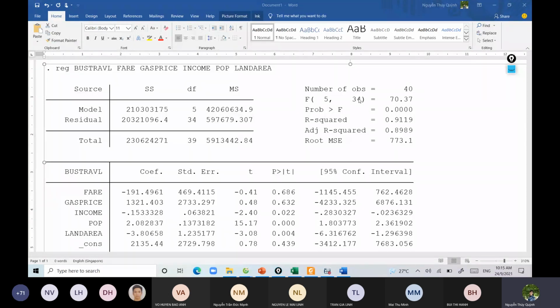We have F here equal to 40.37. What is the value of F in this estimation table? Do you know it?